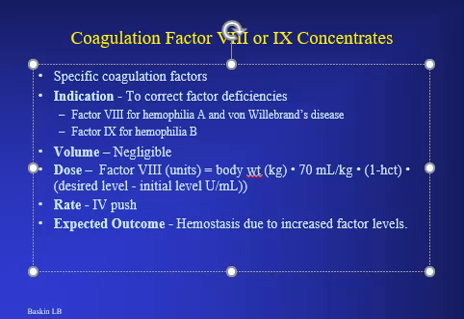So these are examples of products that can replace some of the other ones we've mentioned already. Their volumes are negligible, and you expect immediate hemostasis due to correcting the factor levels.